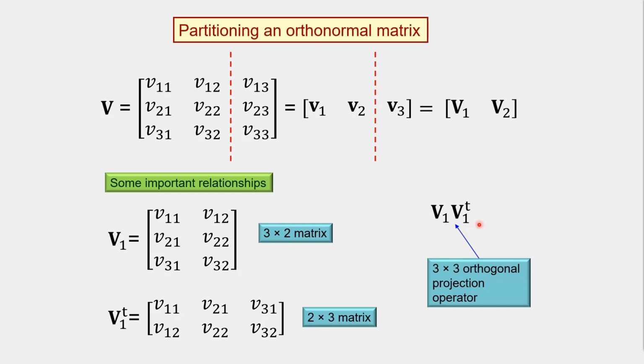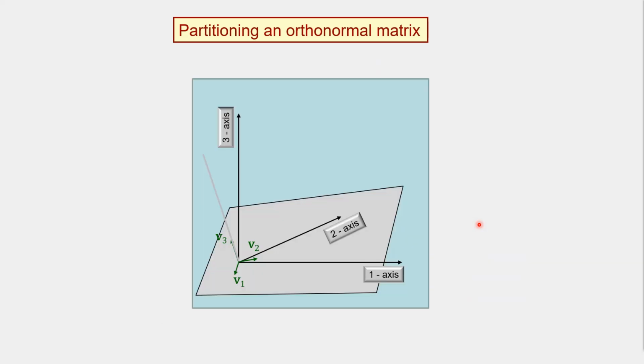This, in fact, is an orthogonal projection operator onto the subspace defined by V1. So, here's an arbitrary vector in our 3-dimensional vector space, because we're not talking about parameters yet.